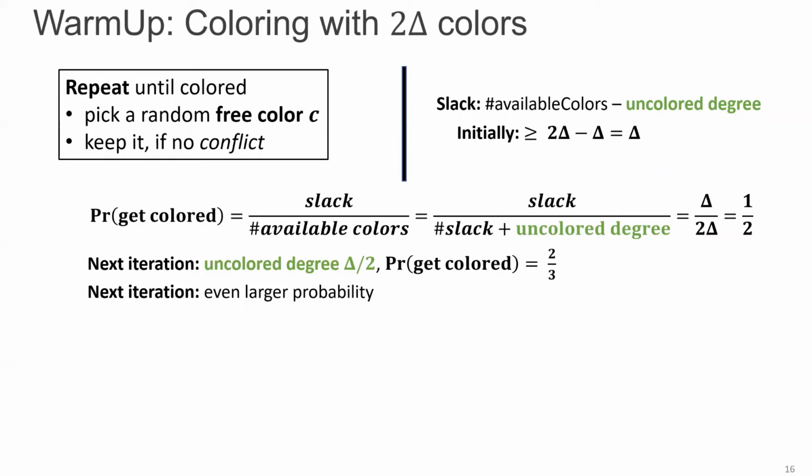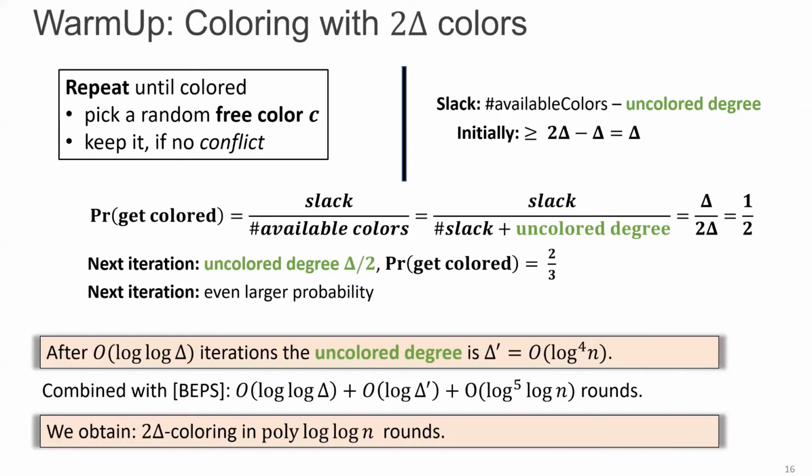But your slack doesn't disappear, because if one of your neighbors gets colored, they might steal a color from your list of available colors and reduce the uncolored degree, but the slack can never decrease. So in the next iteration, the probability to be colored actually increases. It's already 2/3, at least if you have concentration here, which you have if delta is large enough. And then in the next iteration, you have an even larger probability to get colored.